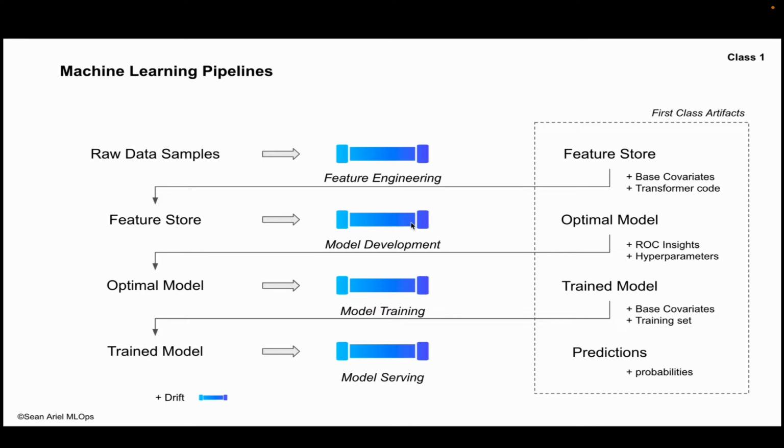If everything goes well, what we should get out of this is an optimal model and a bunch of insights into how this model was built, whether we're solving the problem at hand properly, and the hyperparameters that should be a good reference for how well this model is performing. This is what we're going to focus on today.